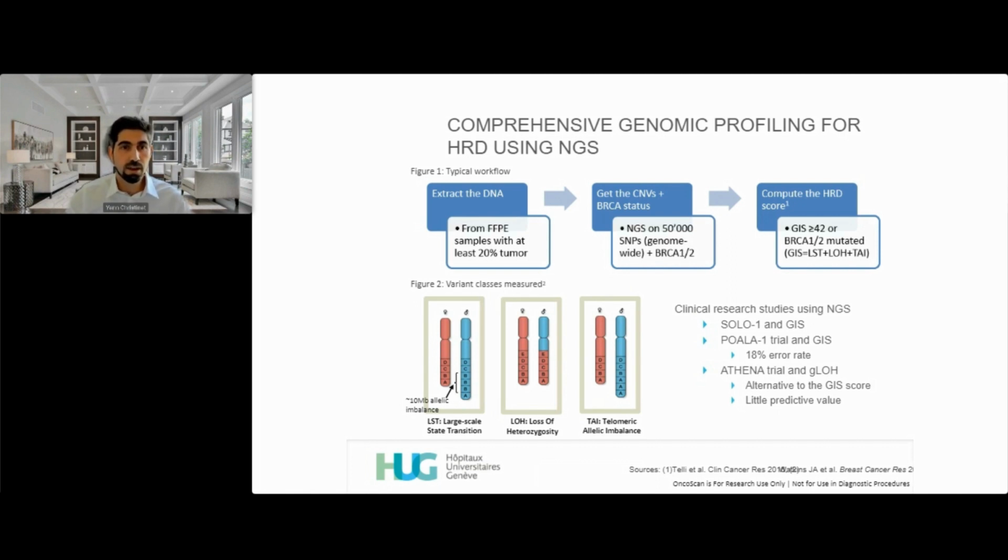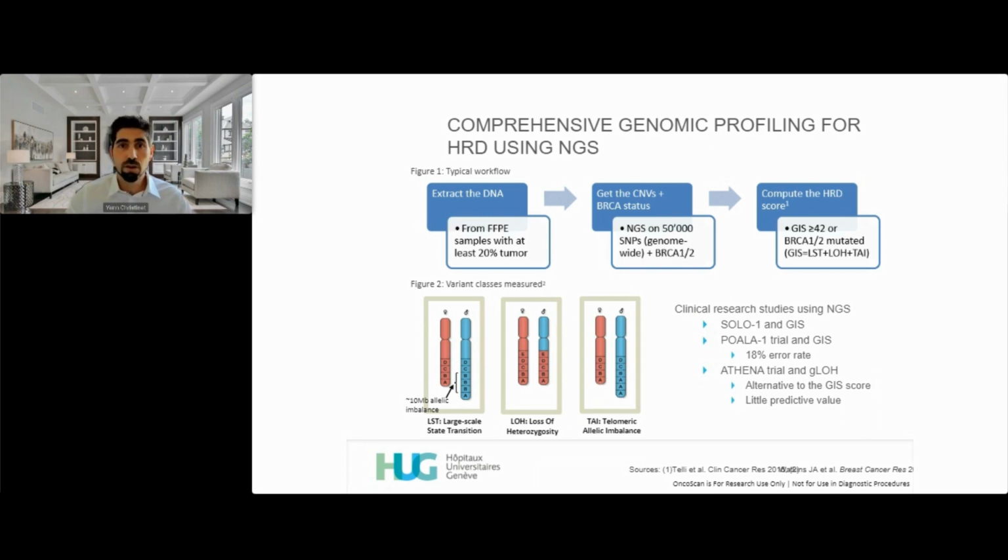So the LST that we see here, if I can draw something, they compute the number of breakpoints you have between two regions of 10 megabases. The LOH, it's roughly the same thing, but only for losses. And the TAI, that's more or less the same thing, but at the end of the chromosomes.